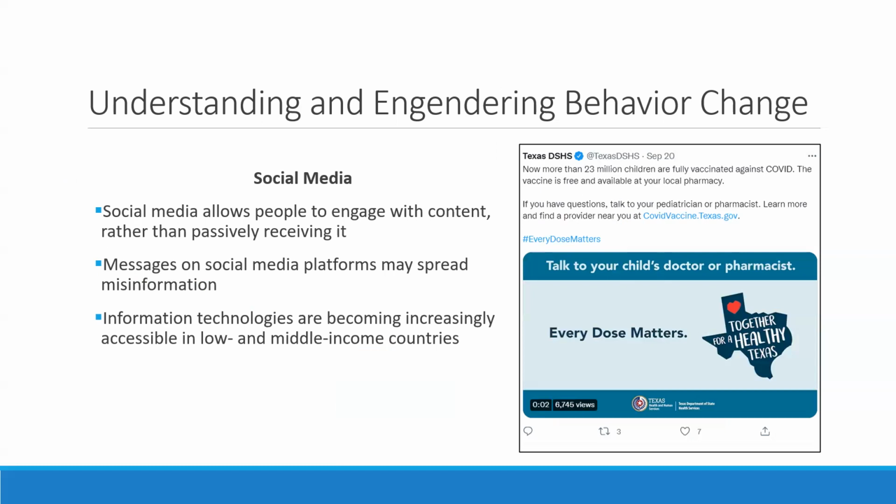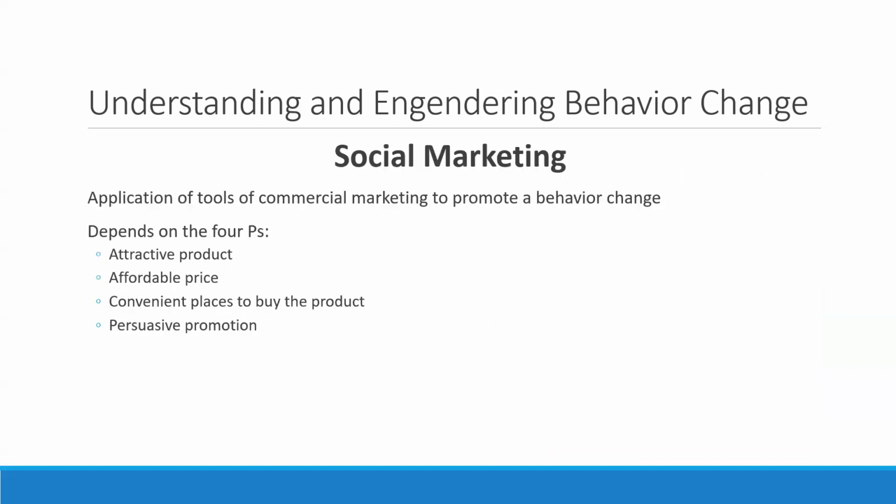So, for example, being able to comment, being able to communicate with the program leaders via social media. And we know that it's an effective way to spread information, but also misinformation. And that's definitely a risk to global health and public health, which we have seen throughout the COVID pandemic with a lot of conspiracies that have become elevated because of social media.